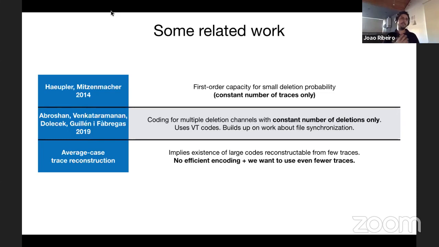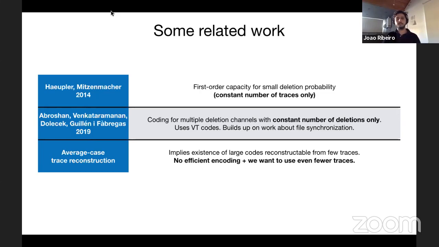And one thing that maybe occurred to you is that results from average case reconstruction already give some results about coded trace reconstruction, in the sense that they show existence of large codes that are reconstructable from few traces. The main difference to our work is that, one, we want our codes to be efficiently encodable, and second, we want to use even fewer traces than average case reconstruction by relaxing the size of the code.